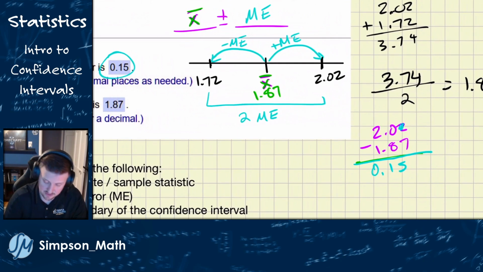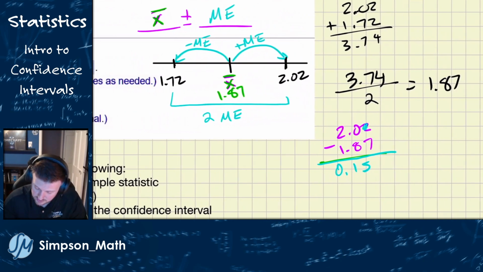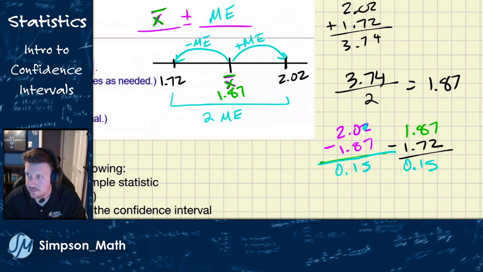I could double check that by doing 1.87 minus 1.72, and I will also get 0.15.